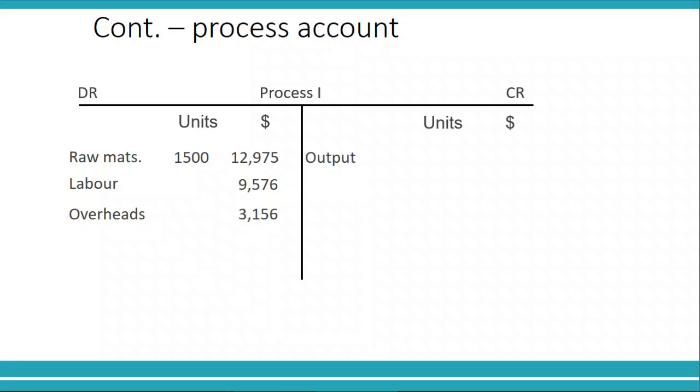So your total cost is now converted into output, normal loss, and closing work in process. So always fill in the units first. So we write down like this, which we just saw in the previous slide, that 1300 units of good output, 150 in the normal loss and 50 in the closing work in process.